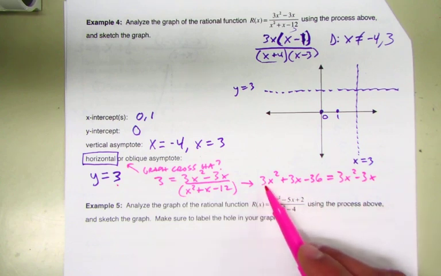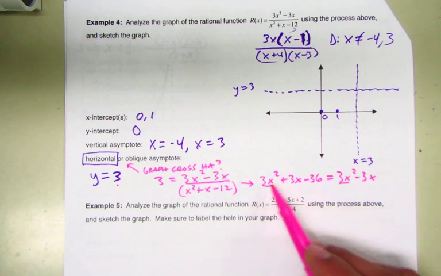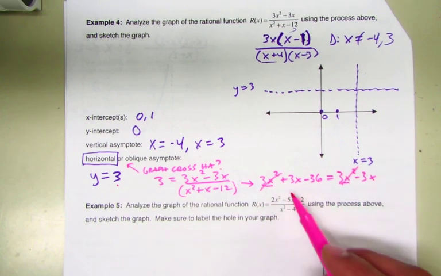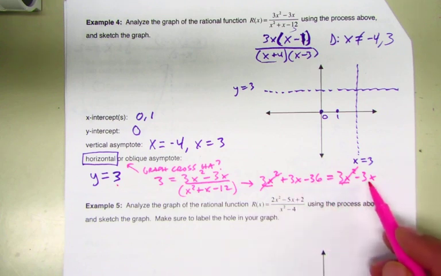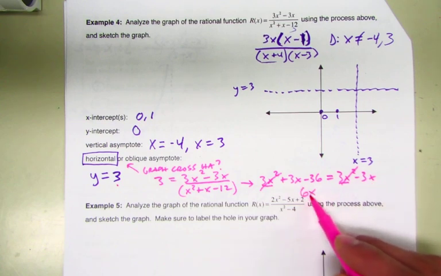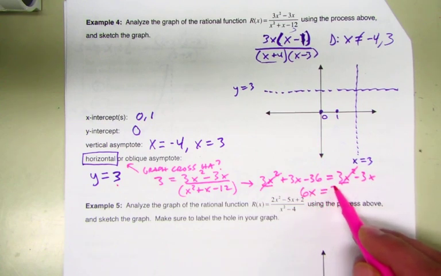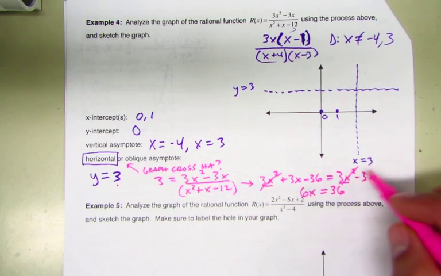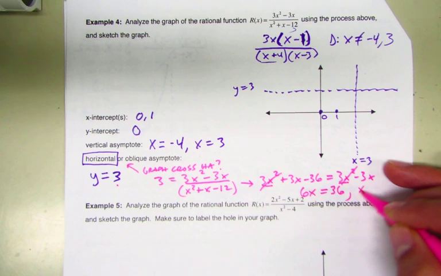Okay, now you see the 3x squareds here? You can subtract those, and those end up canceling out. And now it's just a normal equation with x's. So how do I solve this? So 6x minus 36, or if I move the 36 over, 6x equals 36. So then x would have to be 6.